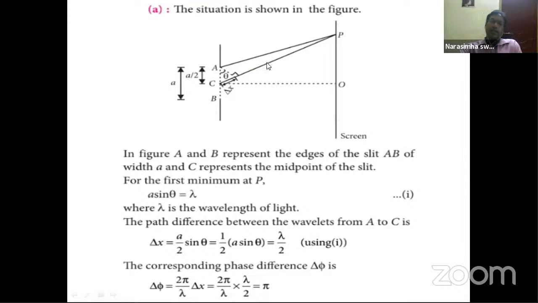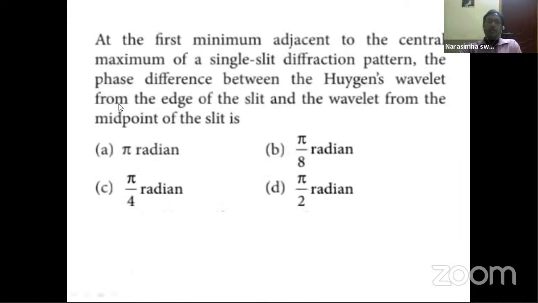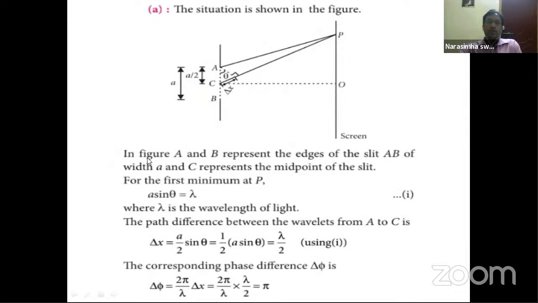For this case, what they are asking is the phase difference, sorry, not the path difference. Okay, right. So in the figure, look at this: A and B represent the edges of the slit.